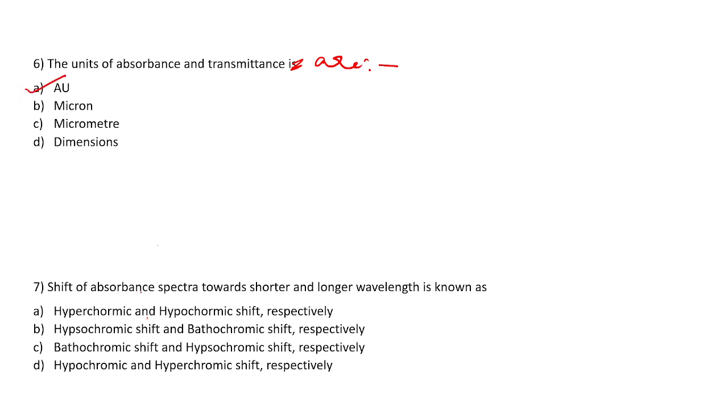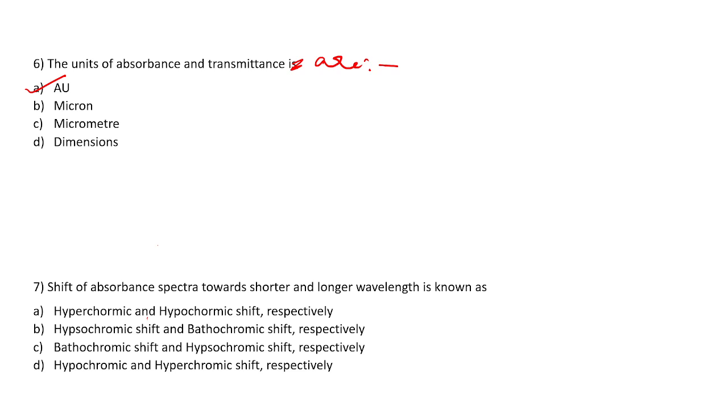The shift of absorbance spectra towards shorter and longer wavelength is, just now we have studied. What is it? A is hyperchromic and hypochromic shift respectively. B is hypsochromic and bathochromic shift respectively. C is bathochromic and hypsochromic shift respectively. Or D is hypochromic and hyperchromic shift. What is the answer to the seventh question? Think.